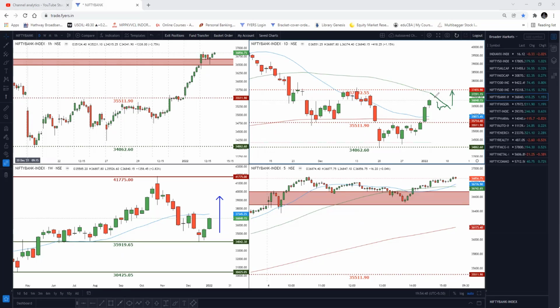So if, let's say, prices open gap up tomorrow, or let's just say that they reach this resistance area, then wait for the right confirmation for the intraday trades. And if it clears these highs also tomorrow, then probably we will see more strong bullish movement in Bank Nifty.